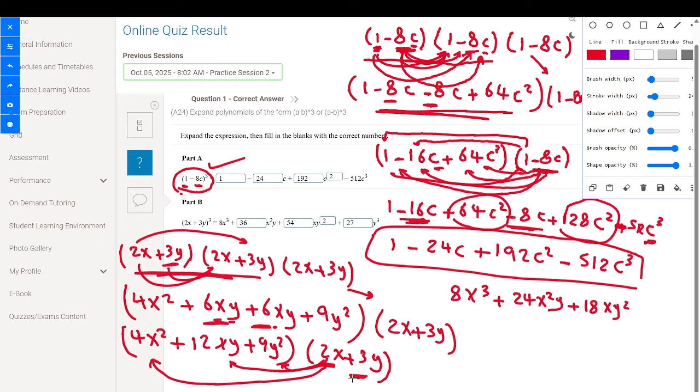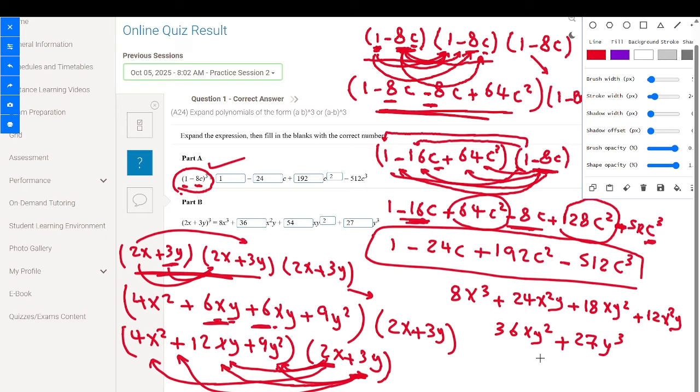Now take 3y. 3y multiply 4x squared will be equal to 12x squared y. 3y multiply 12xy will be equal to 36xy squared, and 3y multiply 9y squared will be equal to 27y to the power of 3.